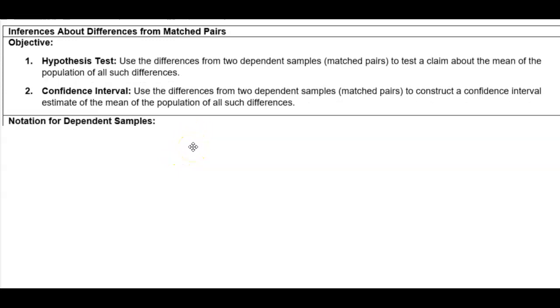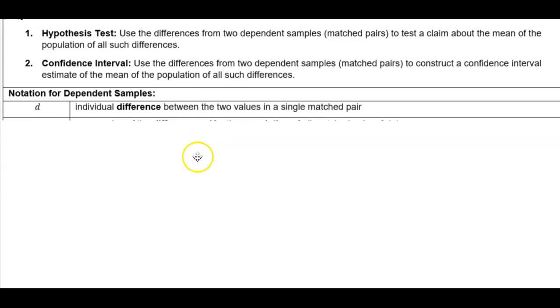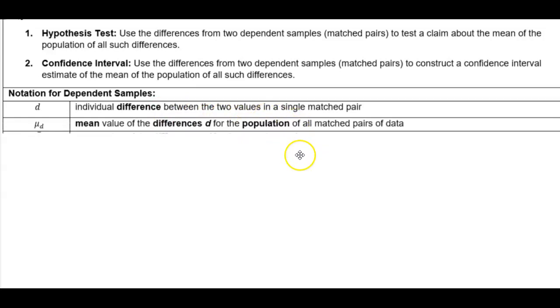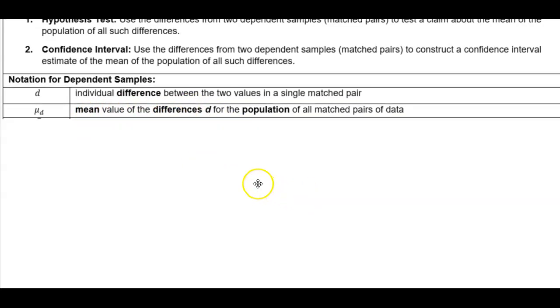So the notation for dependent samples. D is going to represent the individual difference between the two values in a single matched pair. The population mean of the differences is the mean value of the differences D for the population of all matched pairs of data.